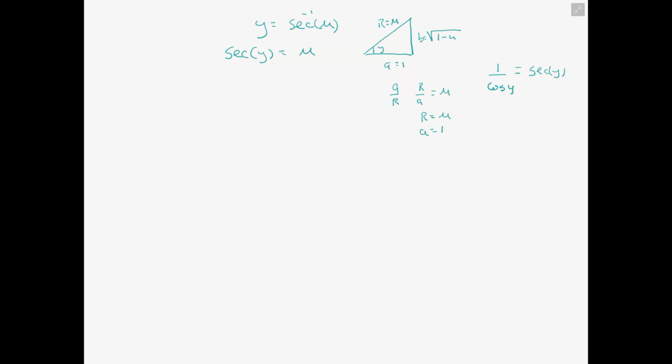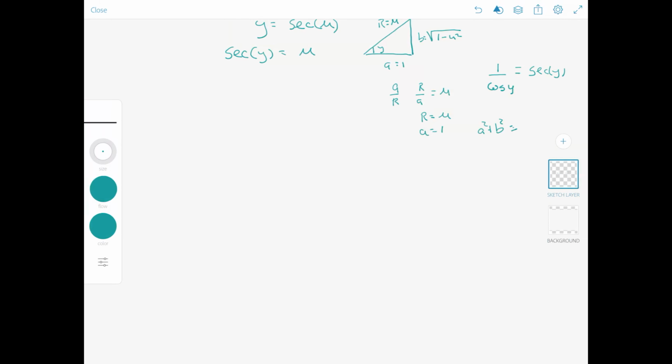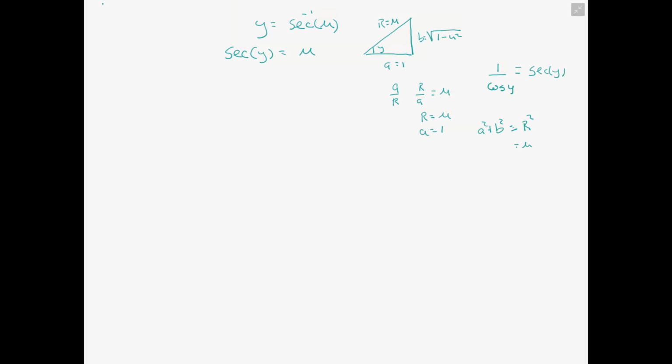So r must be equal to u, and a equals 1. So that's u, and that's 1, and that's equal to the square root of 1 minus u squared. And let's just make sure, because we have a squared plus b squared equals r squared.